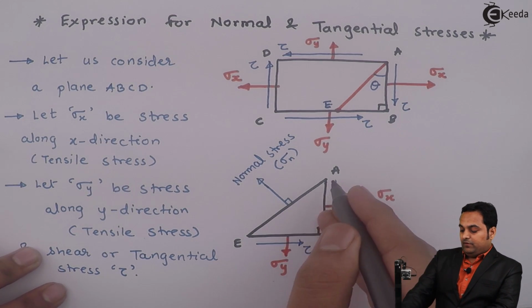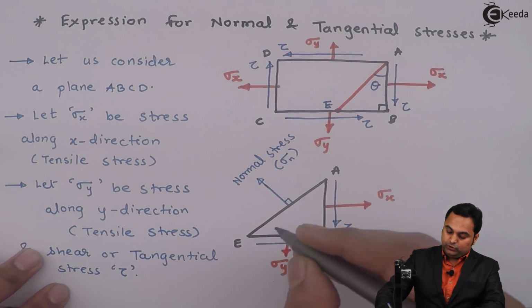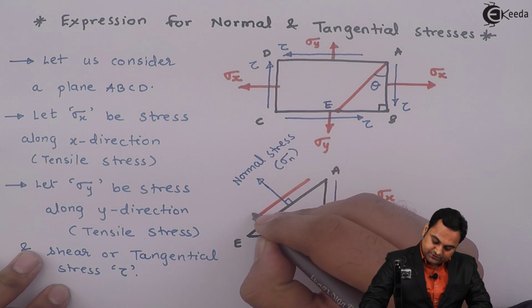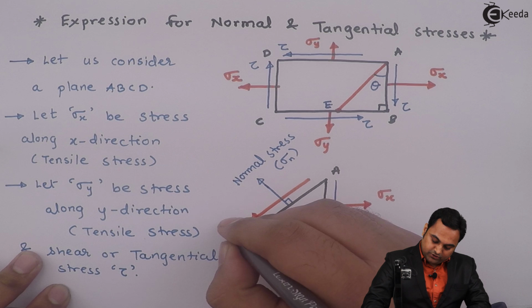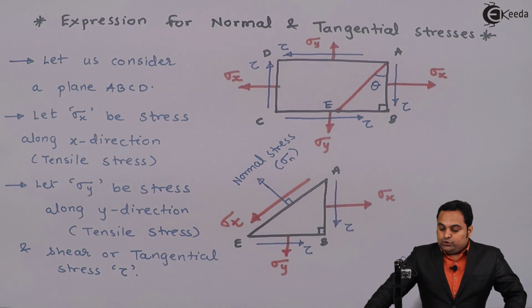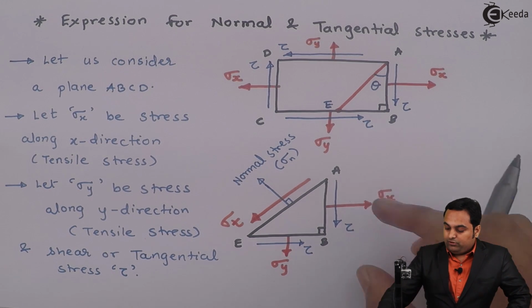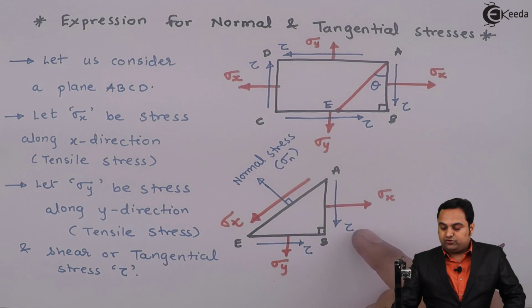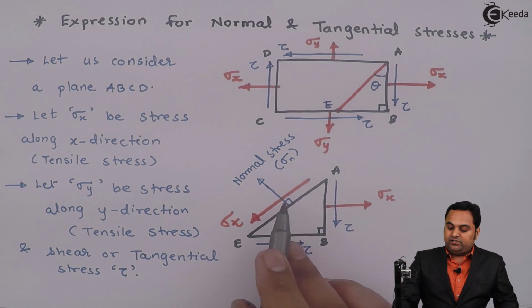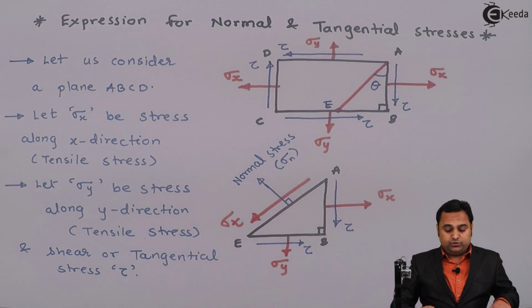Then there will be one stress which will be parallel to AE, and this stress will be called as tangential stress. So now if we see, on face AB there are two stresses, on face BE there are two stresses, similarly on AE there are two stresses.